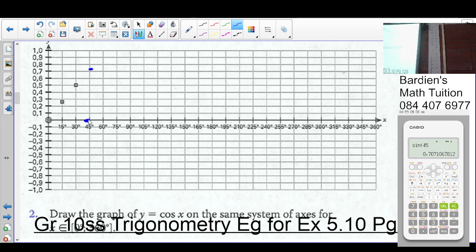Do you see that? So next value, 60. Root 3 over 2, which is 0.866, approximately there. Can you see that, people? Then you have to go with 75.